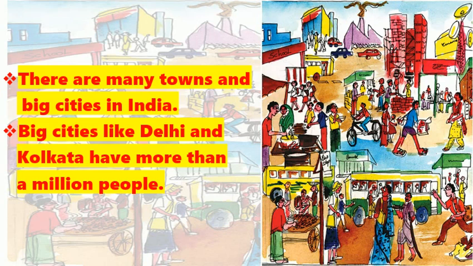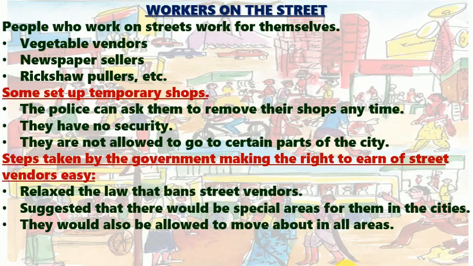Some examples of people working on the streets are a vegetable vendor, ice cream sellers, cobblers, rickshaw pullers, newspaper sellers, etc. These workers are self-employed people.